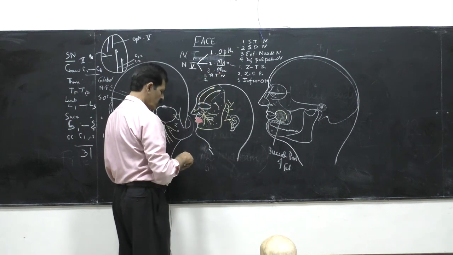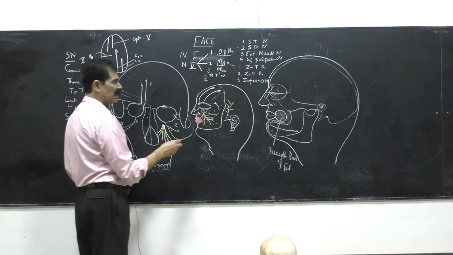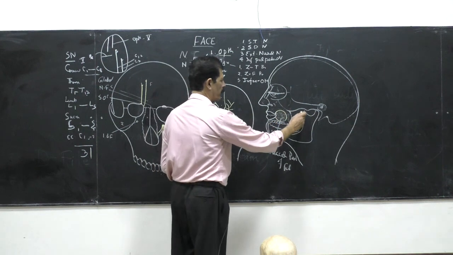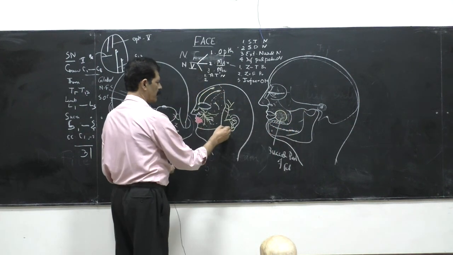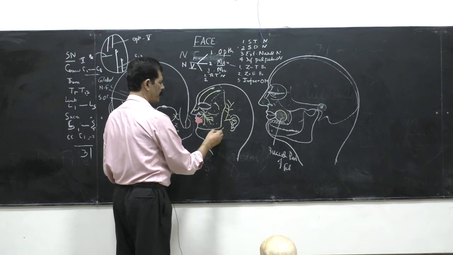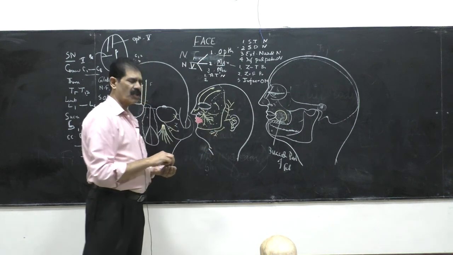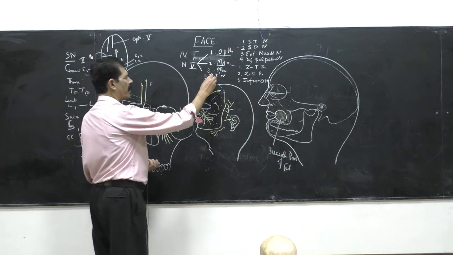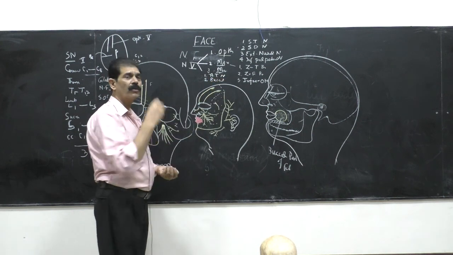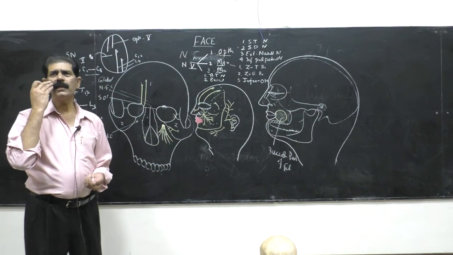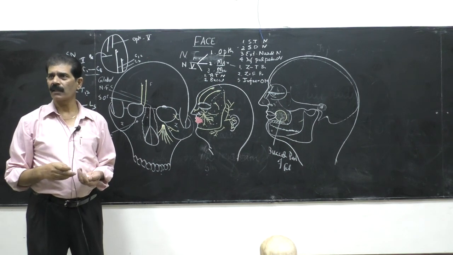And the second branch comes from the anterior border of the mandible. From here it comes, and this branch is called the buccal branch. The second branch of the mandibular division is the buccal branch. Buccal means mouth, so this branch supplies the skin over the angle of the mouth, or the skin covering the buccinator muscle.